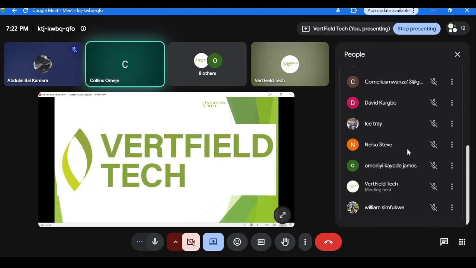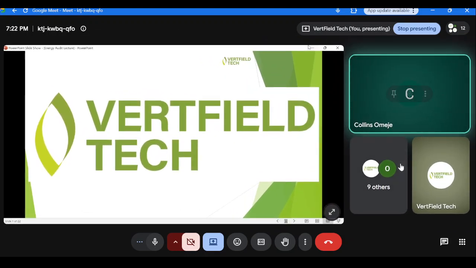Good evening, sir. This is Collins. I am studying what we studied yesterday. I was glad you said that some solar charge controllers help for easy connection of DC load, that you can connect your DC load to the charge controller. I'm talking about if you are using a hybrid inverter, where can you connect your DC load? Is it the PV input?